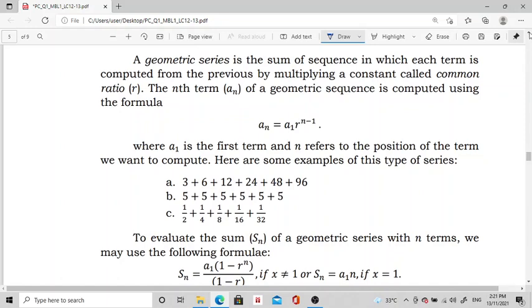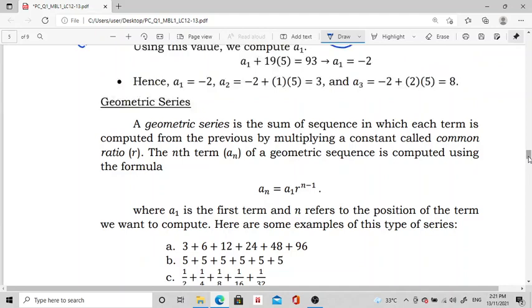Alright. Now we review geometric series. A geometric series naman is the sum of sequence in which each term is computed from the previous by multiplying a constant, and we call it common ratio. So this time, ang ating keyword ay common ratio. The nth term a sub n of a geometric sequence is computed using this formula.